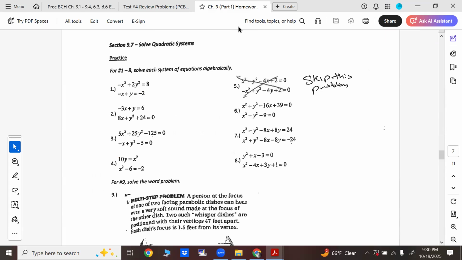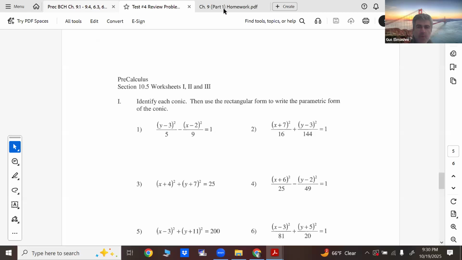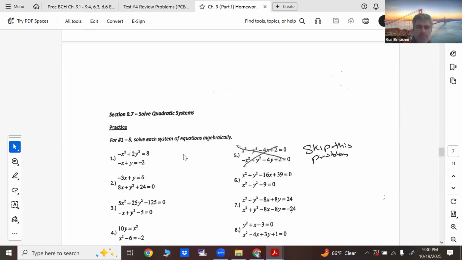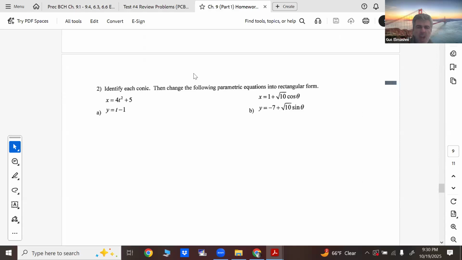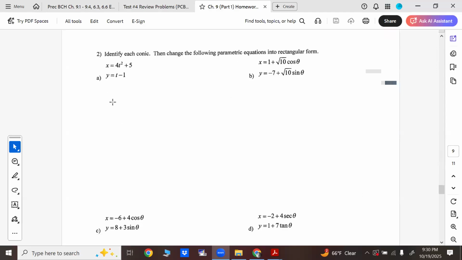Yeah, looking at the homework again, like this one, where you want to convert that to rectangular form. Yeah, exactly.